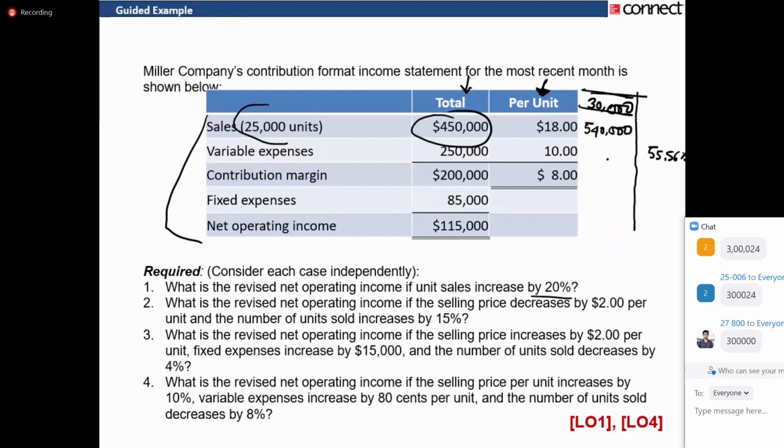You are applying the total value you are getting in the calculator, or the 55.56%, for getting the variable expense of 300,024.